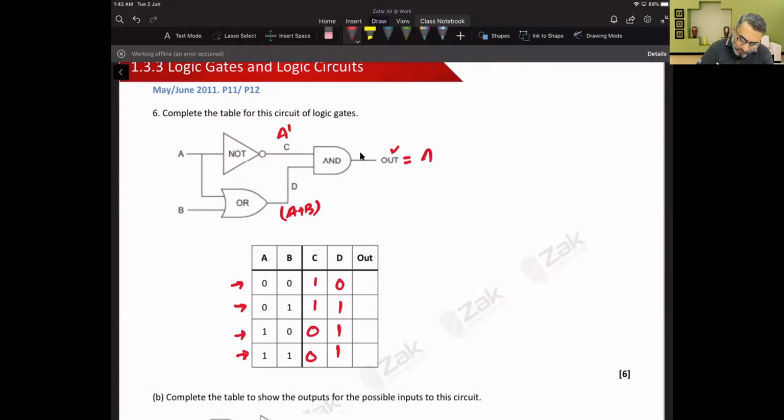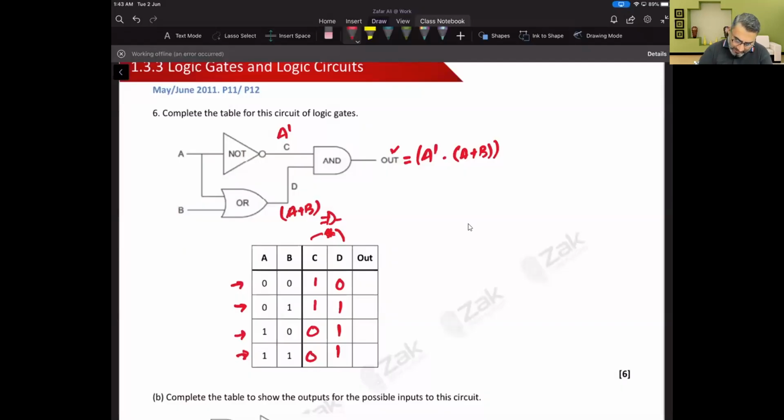It means that these two are being ANDed. So C and D are being ANDed.